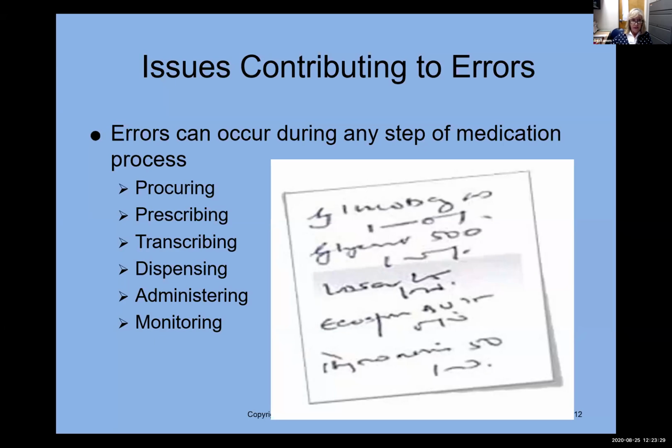So we have a dispensing system here, we have a provider here, we have usually the unit secretary or a nurse here, we have pharmacy here, and then we have nursing at administering and monitoring. So there's a lot of different things that can happen just to get that 1 Tylenol to the patient.